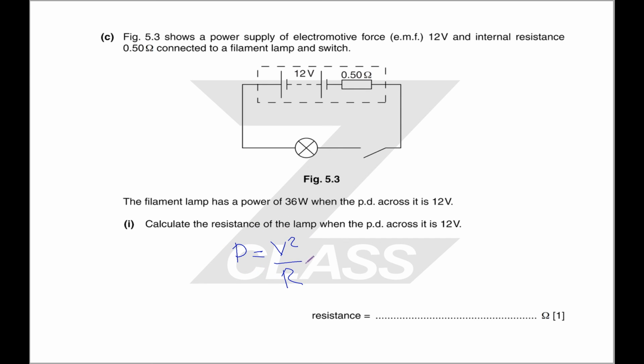You've got P equals IV, P equals I squared R, P equals V squared over R. They're all just variations on one another, and V equals IR. Right, P equals IV, V equals IR, everything else just comes from those. Here is your idea. If you're given 12 volts and you're given a power, you can calculate a resistance.